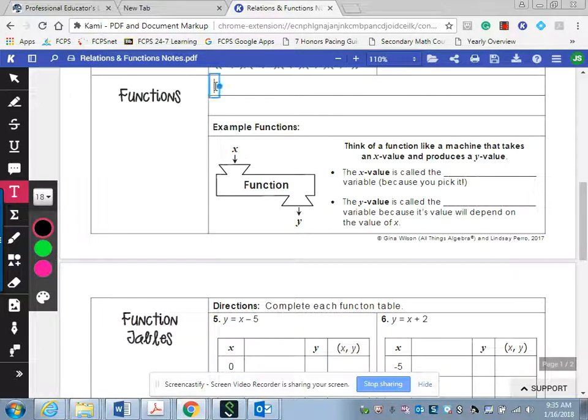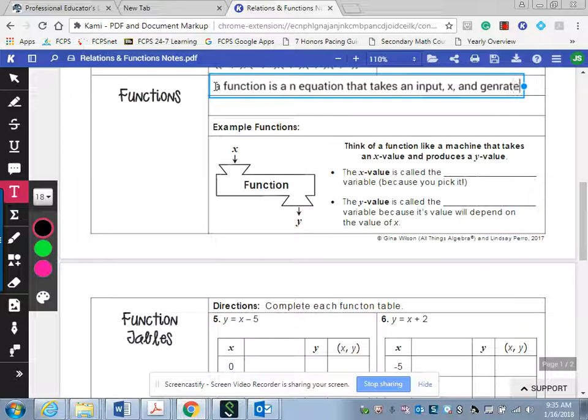A function is an equation that takes an input, and our input is always our x, and generates a single output. Okay.